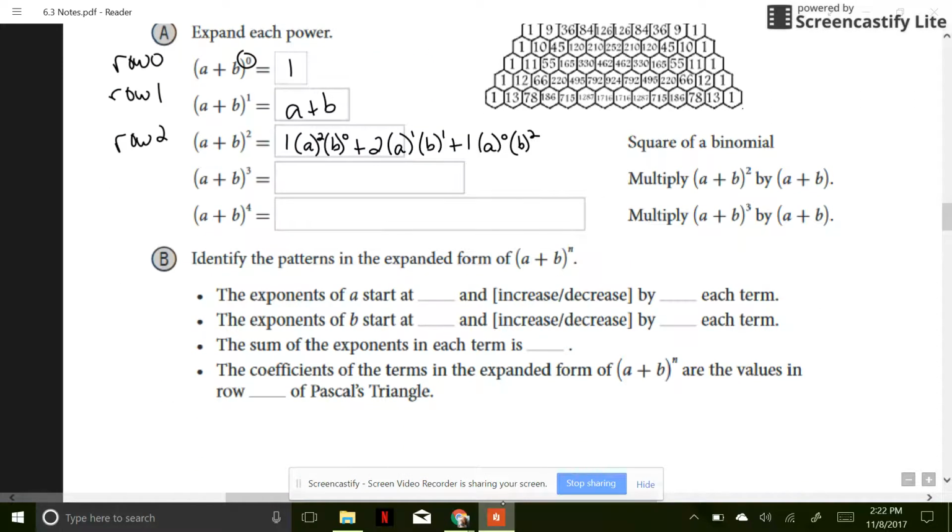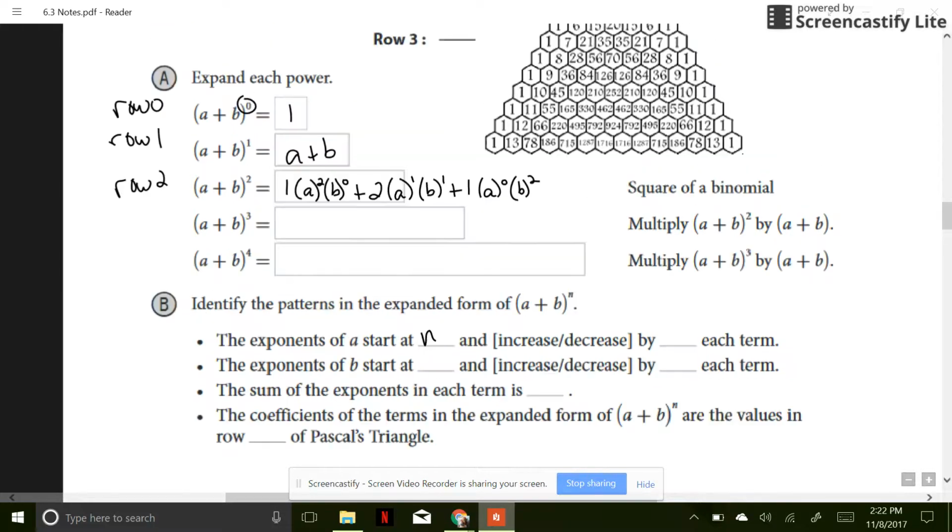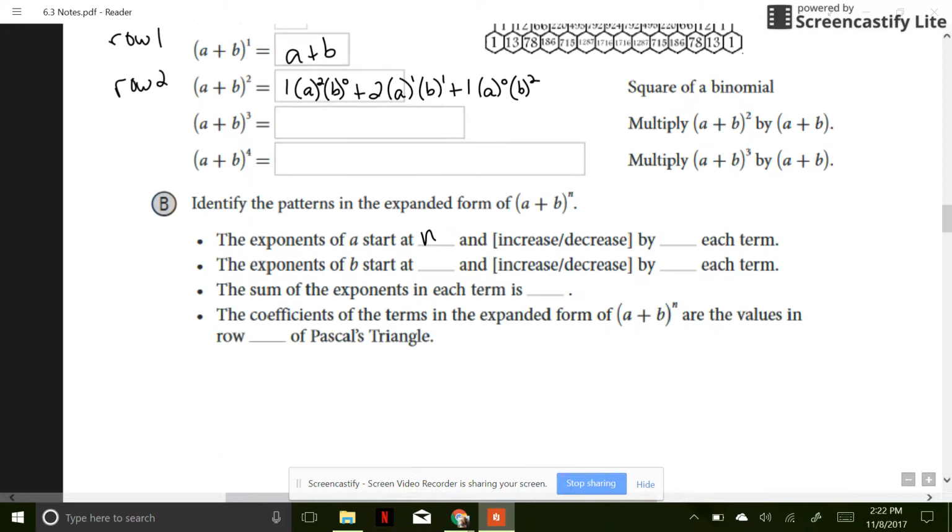So the exponent of a starts at n, whatever the row is, and it's going to decrease. The exponent of the first term decreases by 1 each term, and the exponent of the second term starts at 0 and increases by 1 each term.